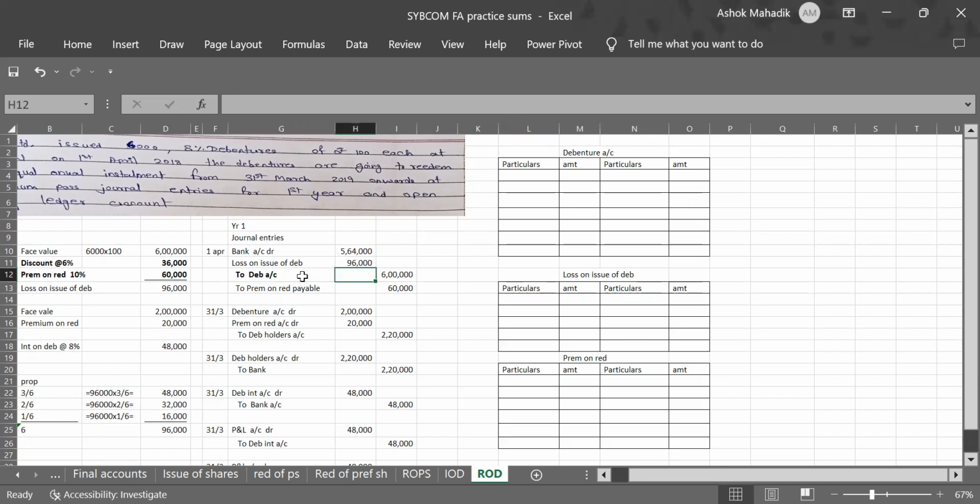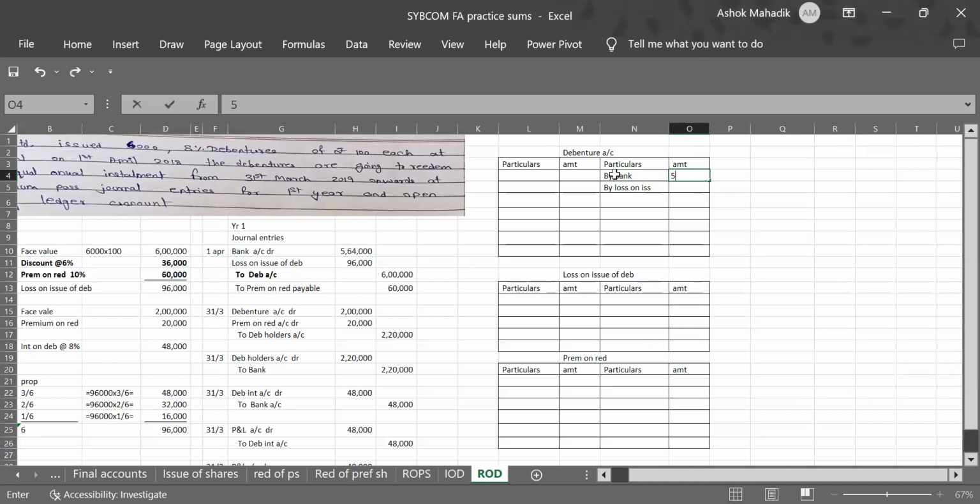So in debenture, we will write by bank and by loss on issue. Write the amount against those accounts only.